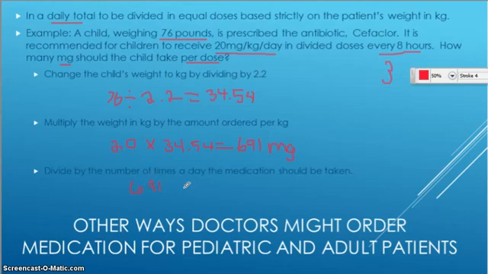So I'm going to take 691, divide it by 3, and that means we're going to get about 230 milligrams per dose. So every single dose that this child takes is going to be about 230 milligrams. So that is an example of basing it on their weight, but dividing the doses up per day.